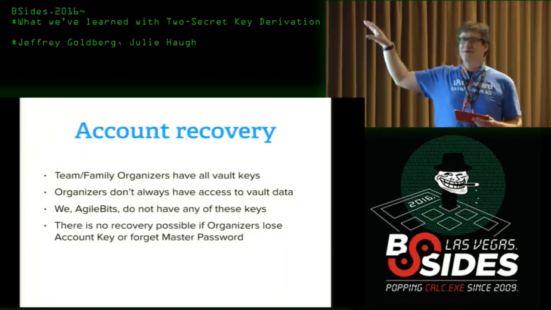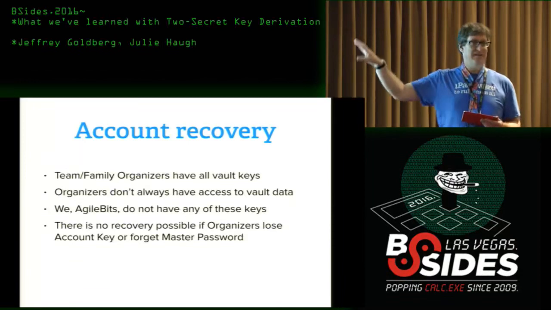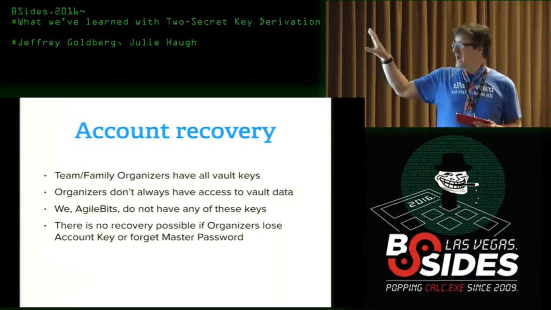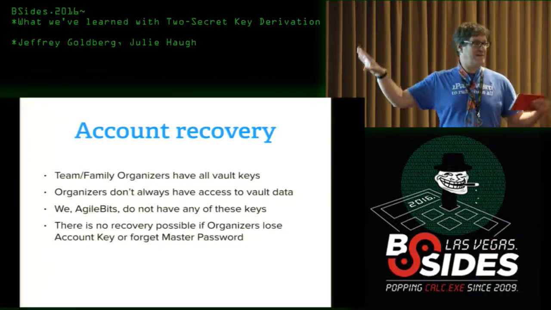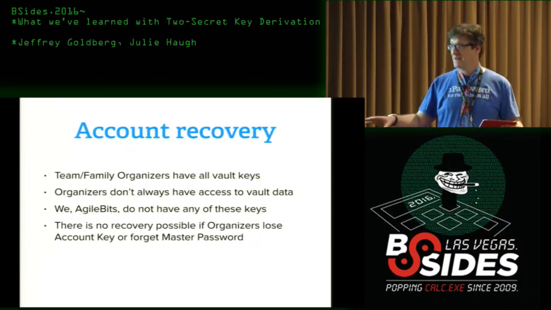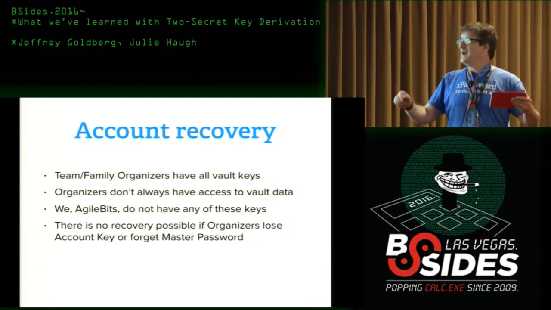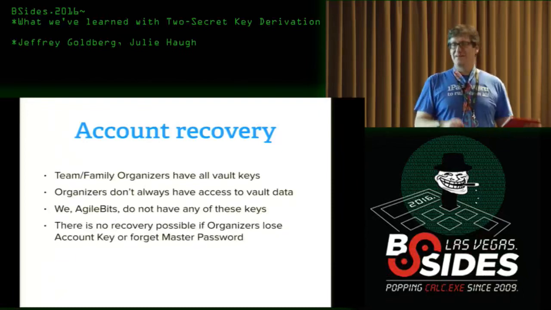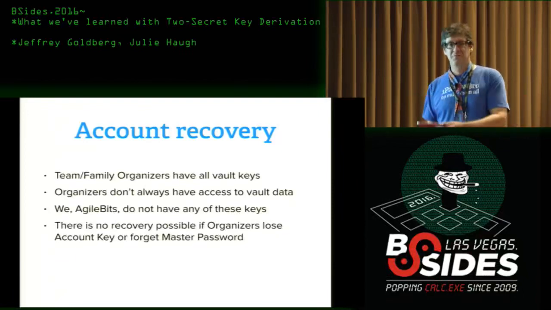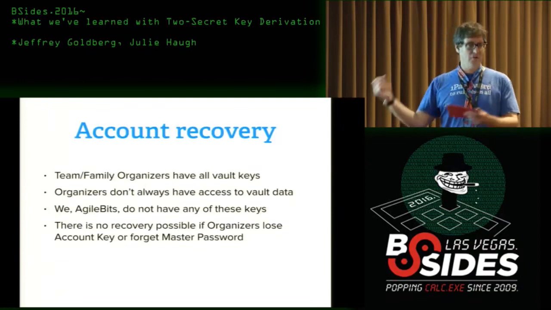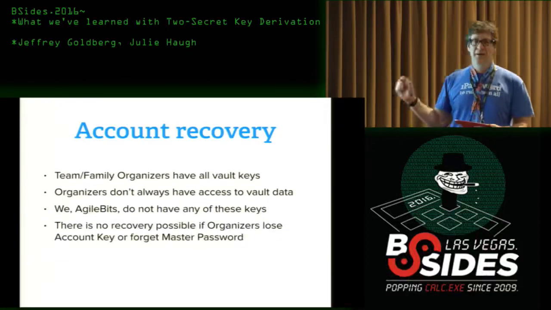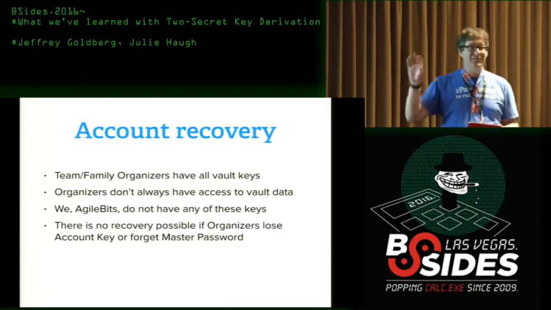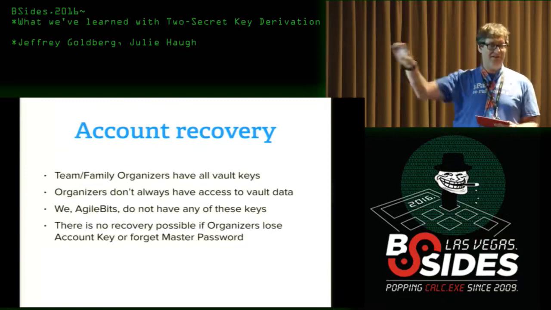So every time a vault is created by any user within a team or within a family, the keys to that particular vault get encrypted with the public keys of the organizer. But the organizer may not actually have access to the actual encrypted data.